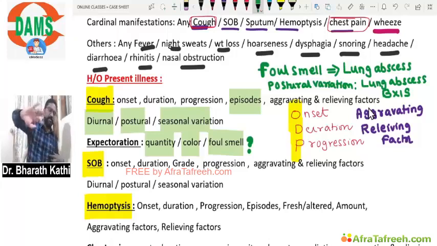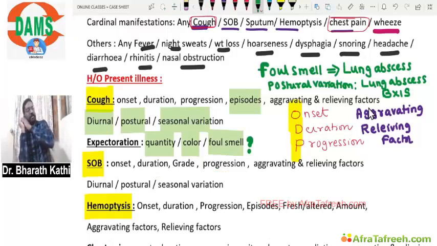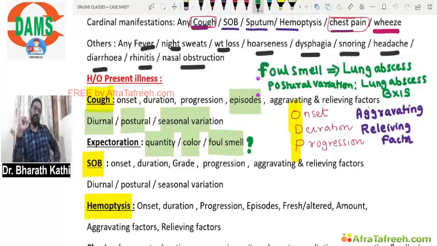Healthy lung was not irritated. When the patient lies down onto the healthy side, all these dirty secretions can come into the airways, can go into the healthy lung, can irritate that healthy lung and can result in severe cough. So foul smell, bronchiectasis, postural variation, lung abscess, bronchiectasis and also bronchopleural fistula.